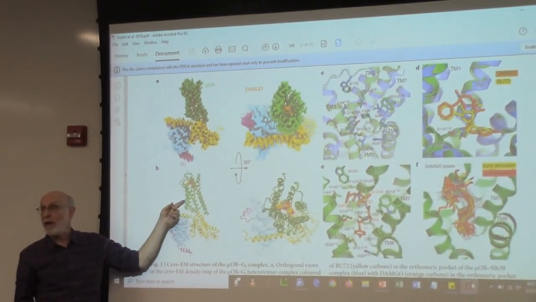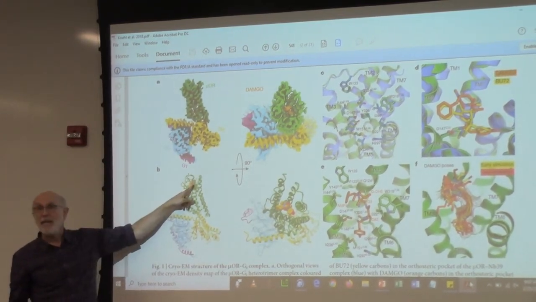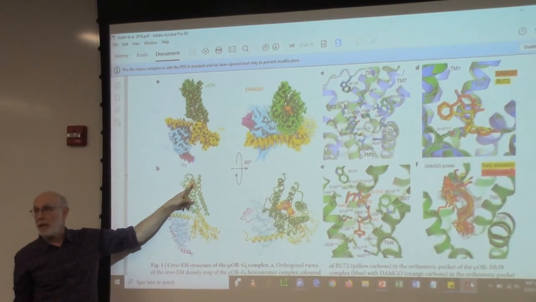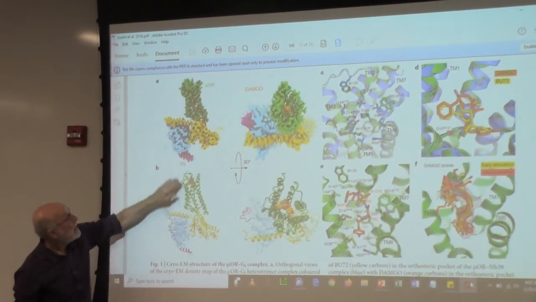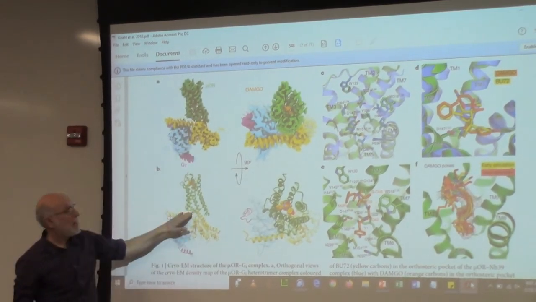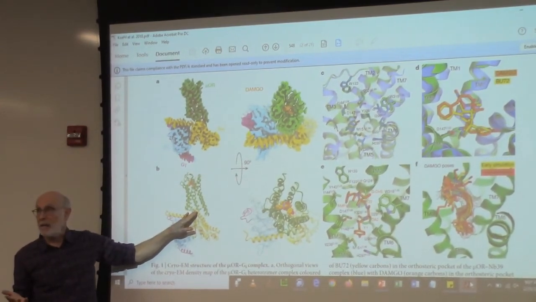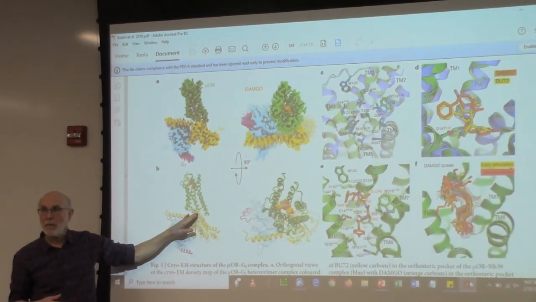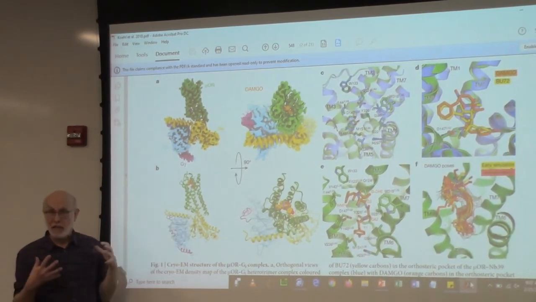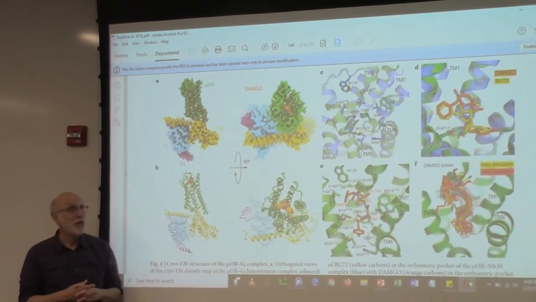Seven transmembrane alpha helices is a structural motif. A binding site for opioid molecules is a key structural motif of the mu opioid receptors. An interface that interacts specifically with the Gi alpha subunit. Doesn't interact with Gs or Gq. It interacts with Gi. It's a specific structural surface. So those are some of the structural information.